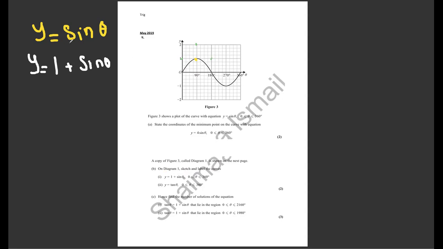So we have new points here. We just add 1 to the y coordinate. And here is 270 and negative 1 plus 1, it will be 0. And 360 and 0, it will be 360 and 1.